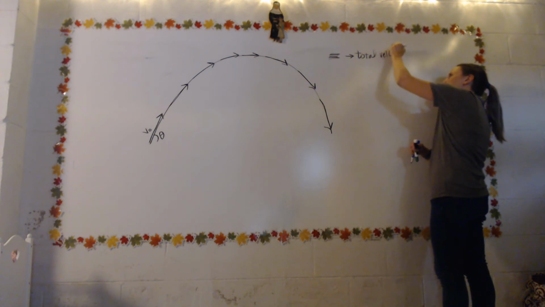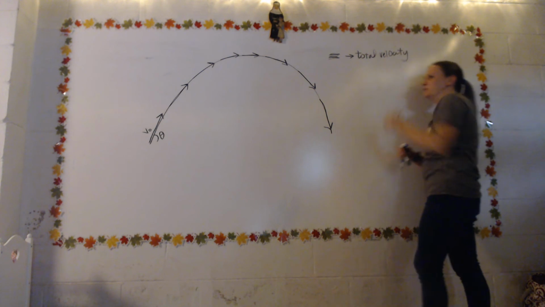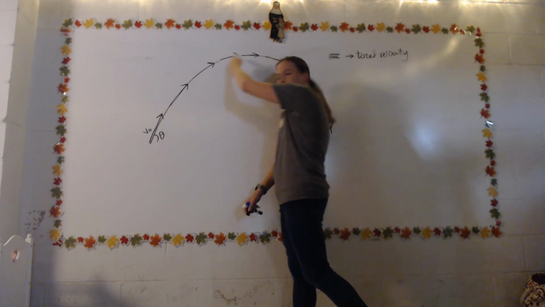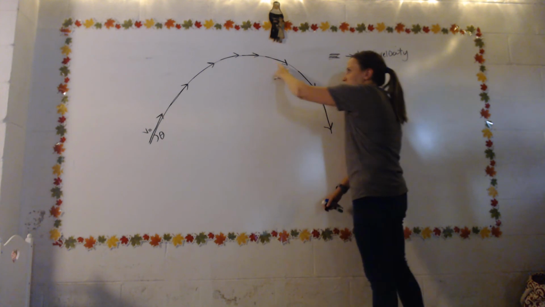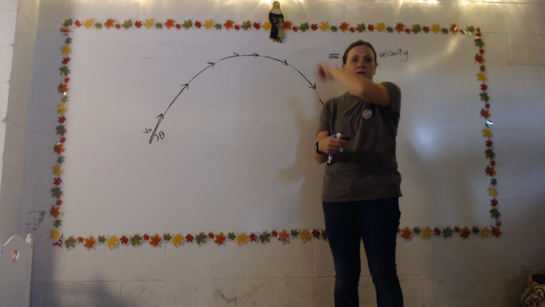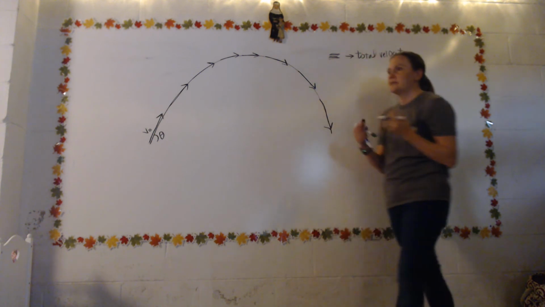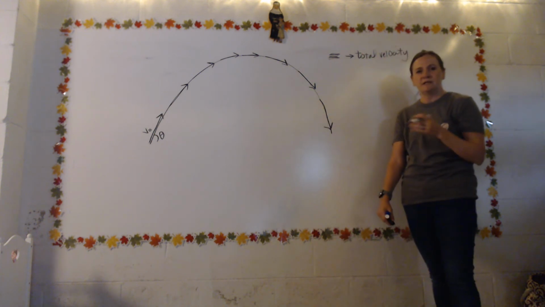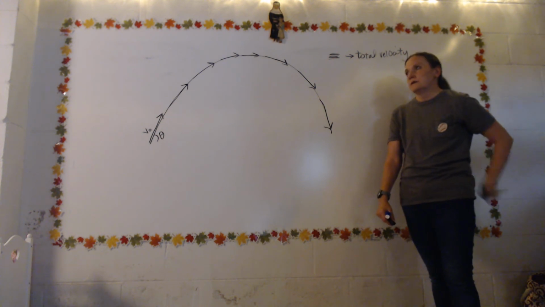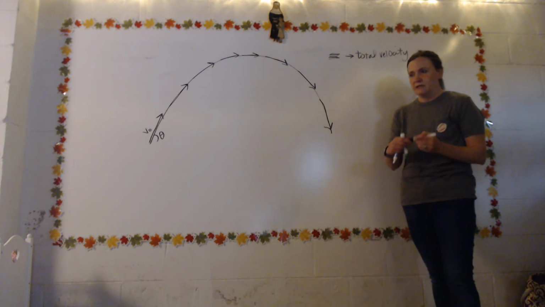By total velocity I mean if you look at these arrows, they're pointing up and to the right for a while, then just to the right, and then down and to the right. So what we see happening here is these arrows or vectors are indicating a velocity both in x and in y. So it's a two-dimensional motion, which is what we're getting into.